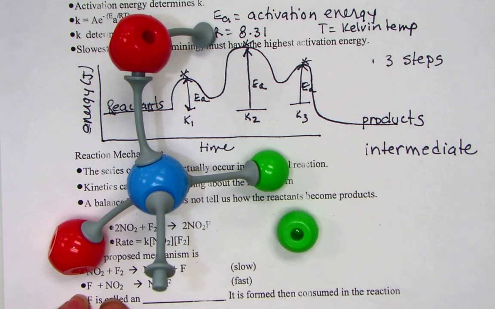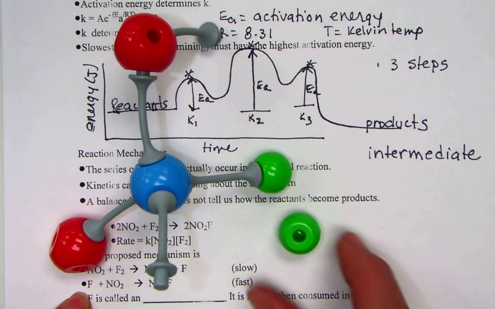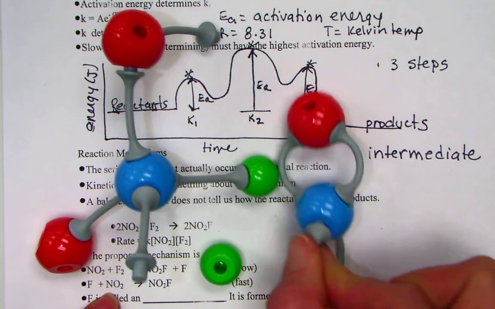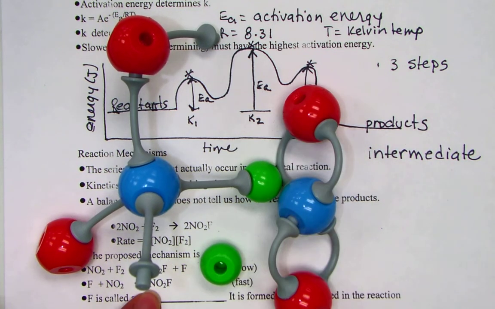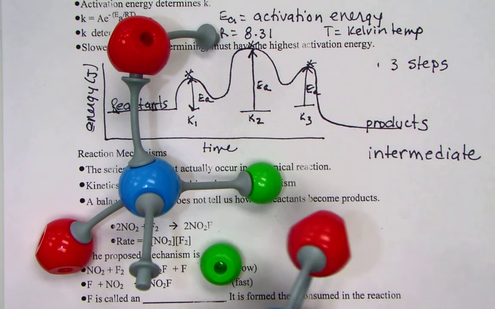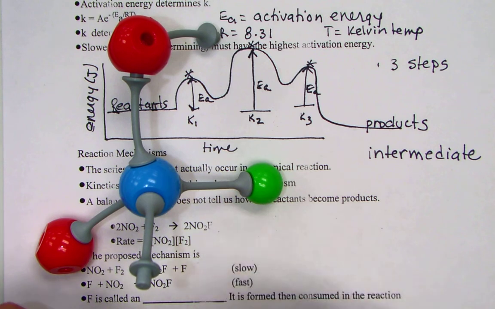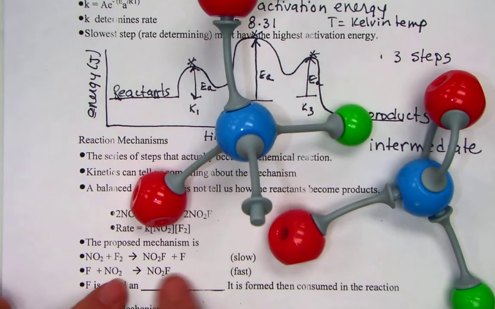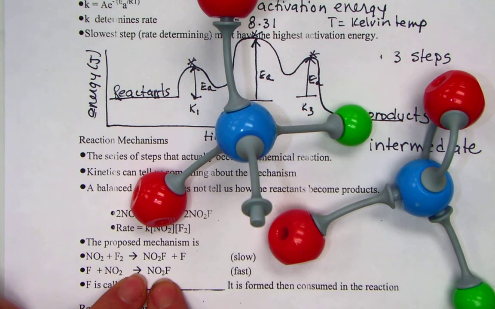If I look at the next step, this fluorine atom then collides with the second unit of NO2, giving us our next product. So again, if I break the bond, snapping on the next fluorine, we now see on the product side 2 molecules of NO2F.